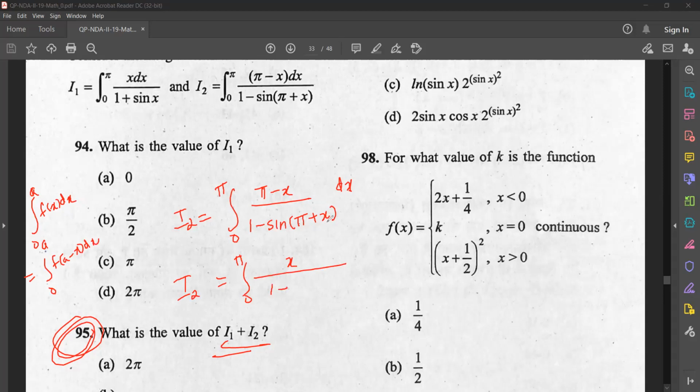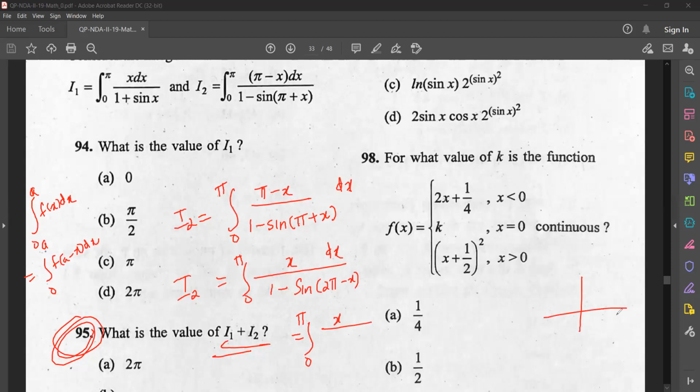In the place of x, if I put pi minus x, this will become sine 2 pi minus x, isn't it? So that is integral 0 to pi, dx is there, x by sine 2 pi minus x.